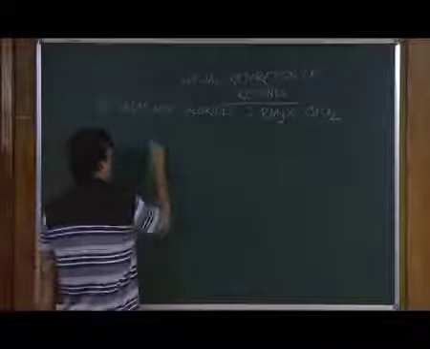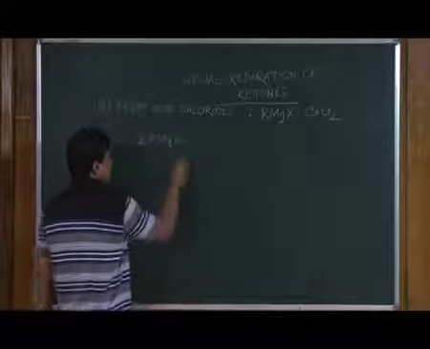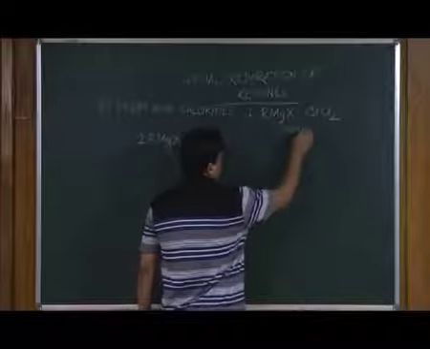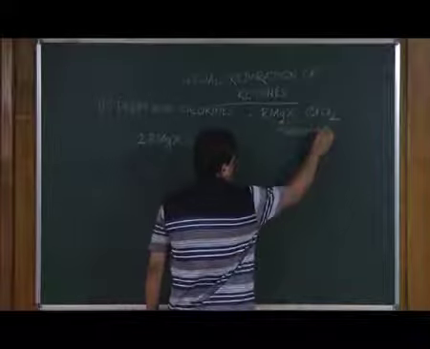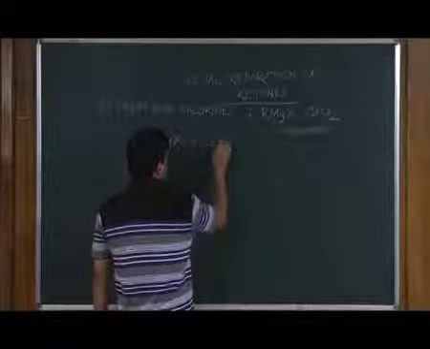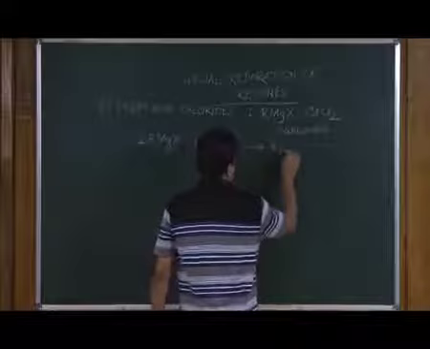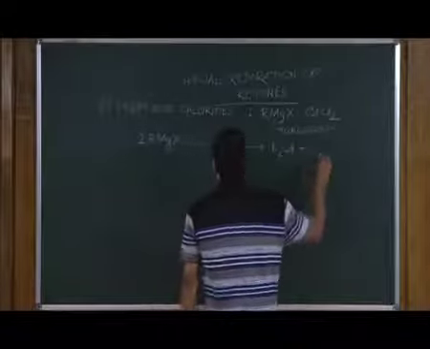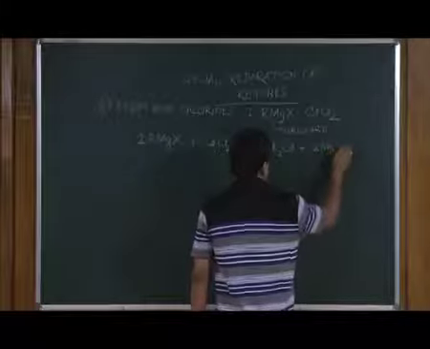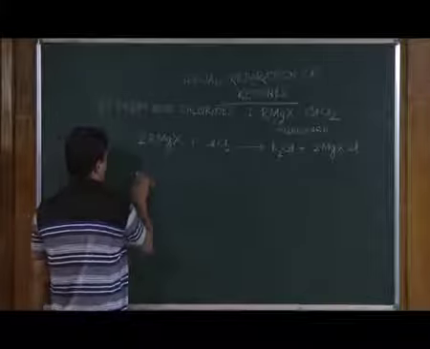So, what happens? First step is 2 RMgX. This is Grignard reagent. And then acid chloride.